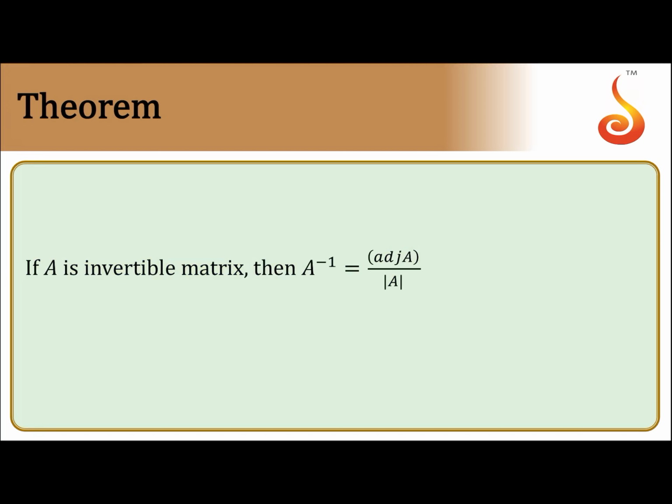And now let us consider a theorem. If A is an invertible matrix, then A inverse equals adjoint A by det A. How is it so? A is invertible means that determinant of A is not equal to 0.